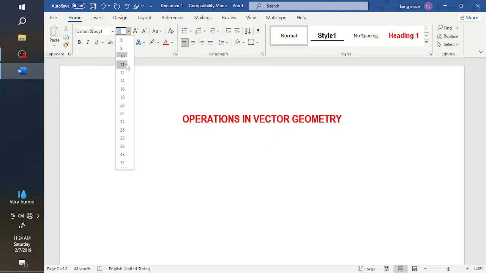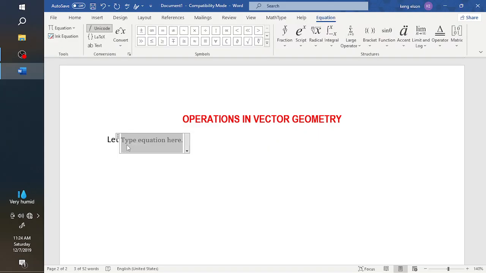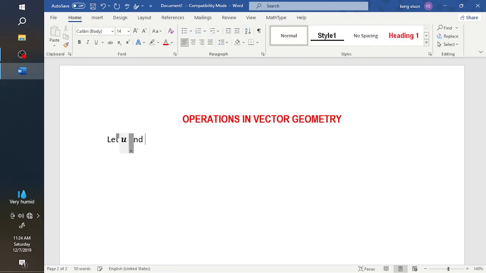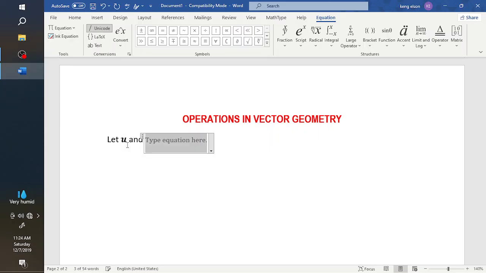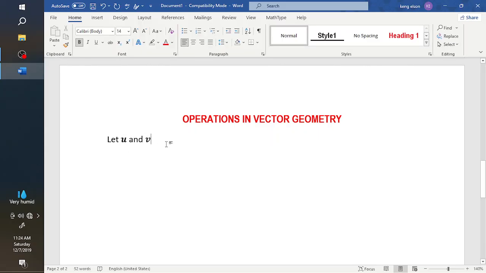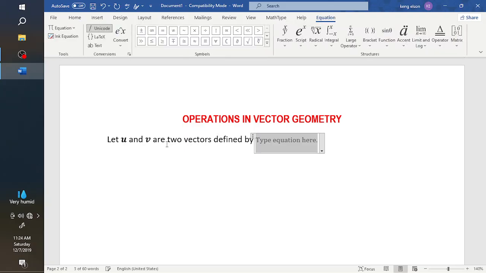Now for these operations, imagine I give you 2 vectors, u and v. You see I'm writing them in bold. That's another way of writing vectors, but generally you always write them with arrows above them. So let u and v be two vectors defined by, mostly we are going to be dealing with vectors in 3D, but the same applies to vectors in 2D.